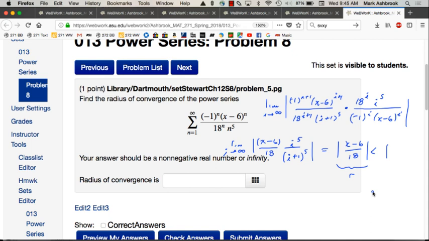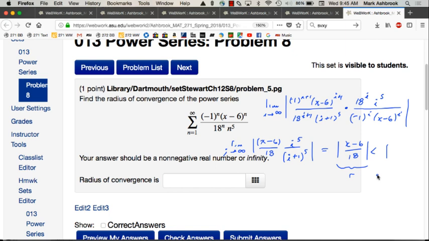And if that r, as i gets big, falls in the range for a convergent geometric series, -1 to 1, then the given series will converge. So this is like the r, and we know for a geometric series r has to be between -1 and 1.